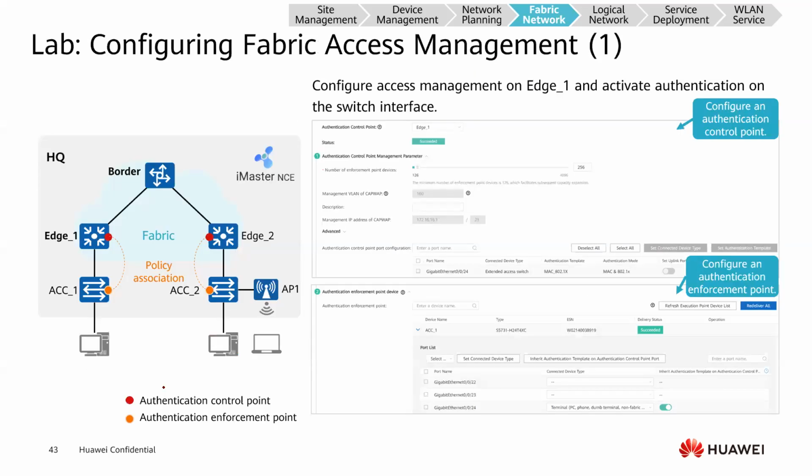And then let's think about our experiment. For our experiment, the edge node is in the aggregation layer, and the access layer is just normal access switches. We want to do the authentication, and we want only the edge node to communicate with the radius server.